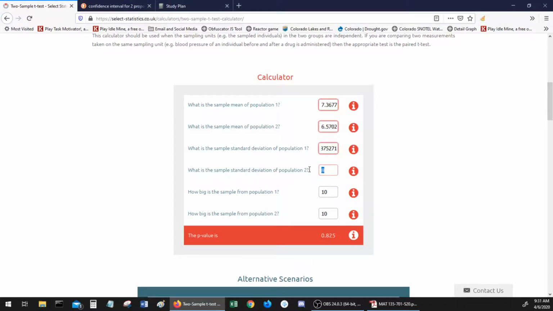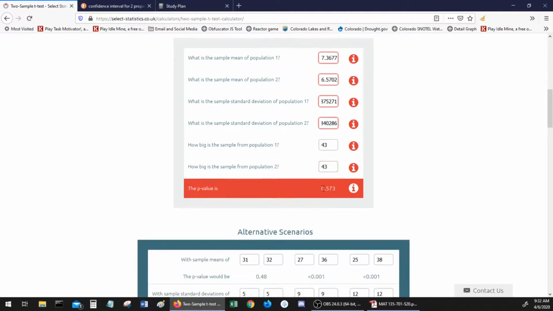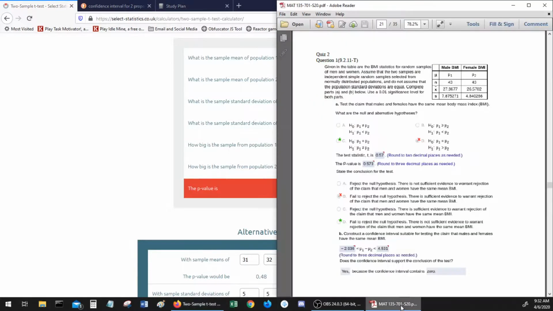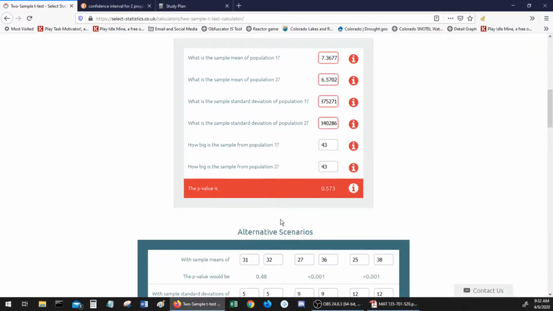The standard deviation for the second group was 4.840286. The first sample size was 43 and the second sample size was 43. And we get a p-value of 0.573, and that is the correct answer. So 0.573 is the p-value.